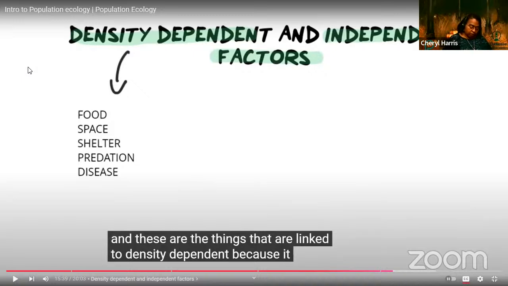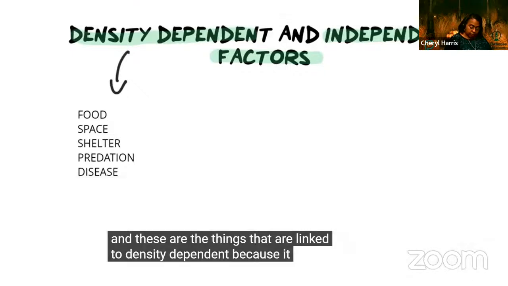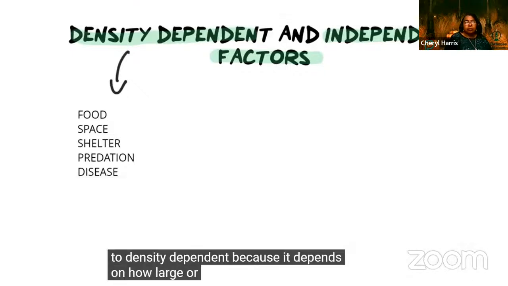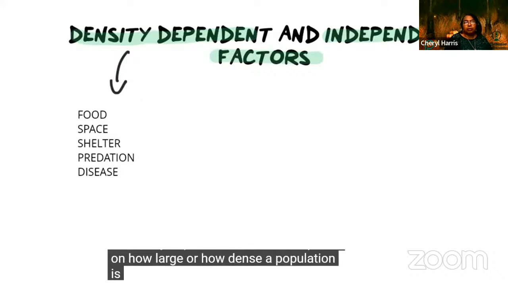All right, so it's like I was saying earlier, carrying capacity is not as cut and dry as how many individuals are there. It depends on some things. It depends on how large or how dense a population is. So think of it like this.